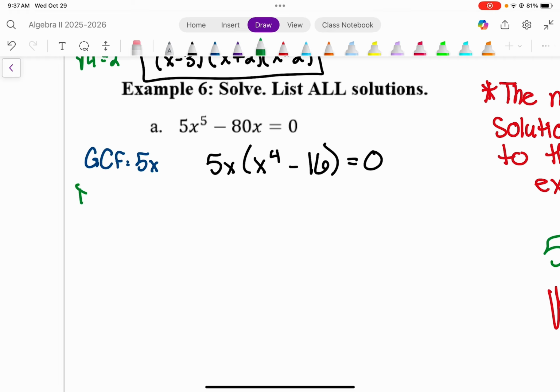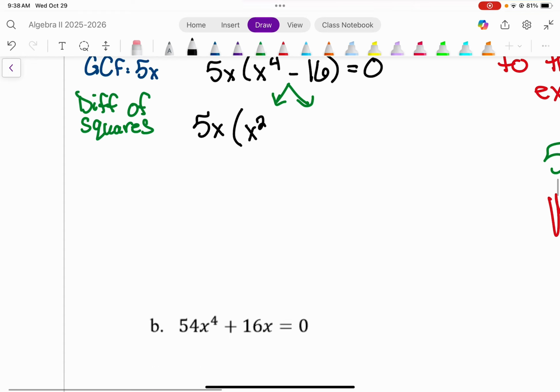So I'm going to factor using difference of squares. And if you need more practice with that, you can go back to the difference of squares video. This one, we're going to split into x squared plus 4, and then an x squared minus 4 equals 0.